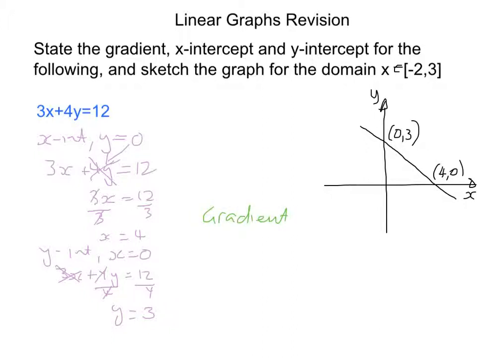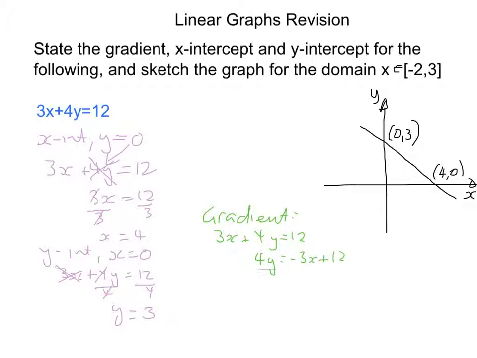the two ways that you could have done it, one, you could rearrange the equation. I'll just go through that process to put it into the form of y equals mx plus c. So if we have 3x plus 4y equals 12, we'll take away 3x from both sides, which will leave us with 4y equals negative 3x plus 12.